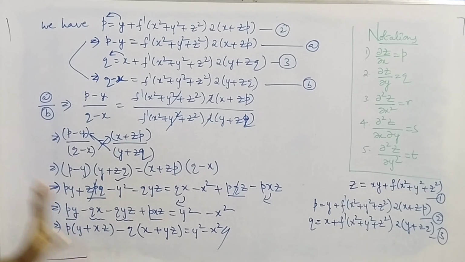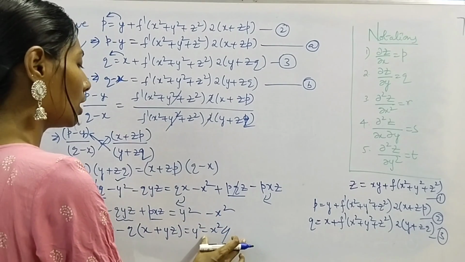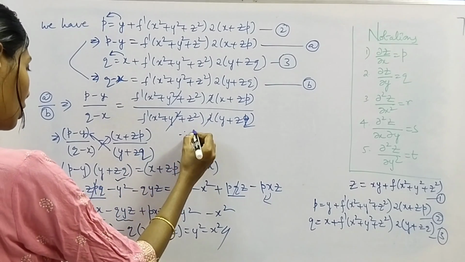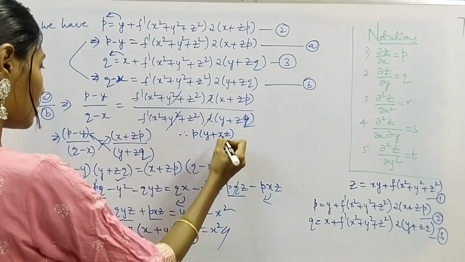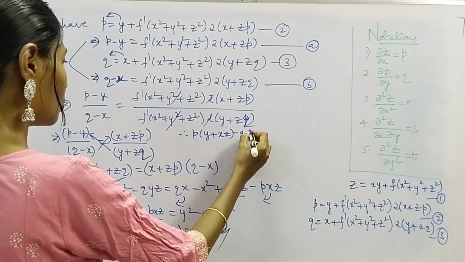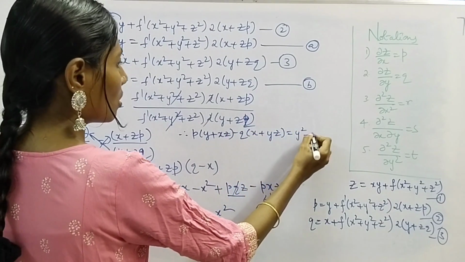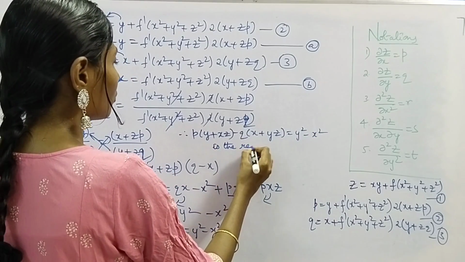We'll write the terms involving p and q in the LHS and the terms which do not involve p, q in the RHS. Therefore, p times y plus xz minus q times x plus yz equal to y square minus x square is the required partial differential equation.